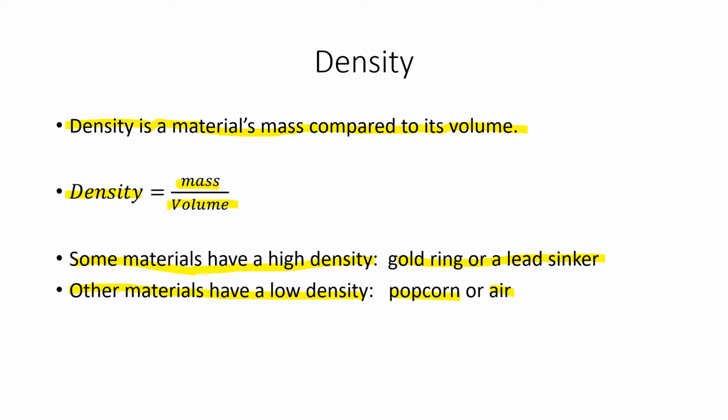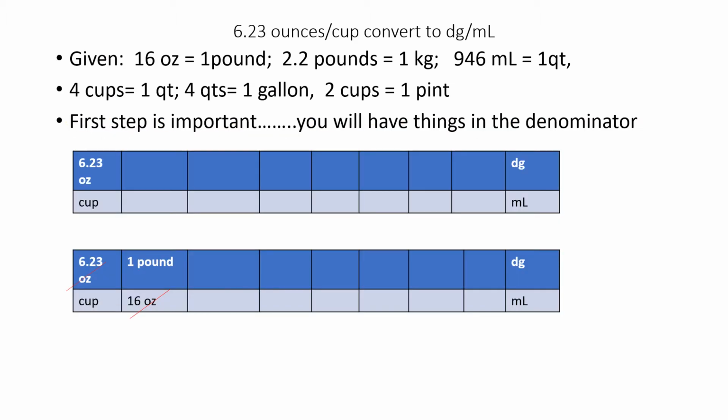What we want to be able to do with density is problems involving density. The problem I want to do is also a chance for us to practice our dimensional analysis. I would say that this is the capstone dimensional analysis problem.